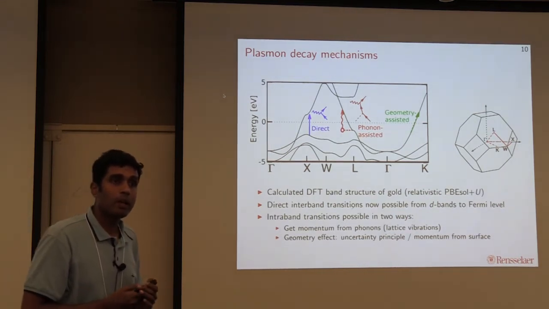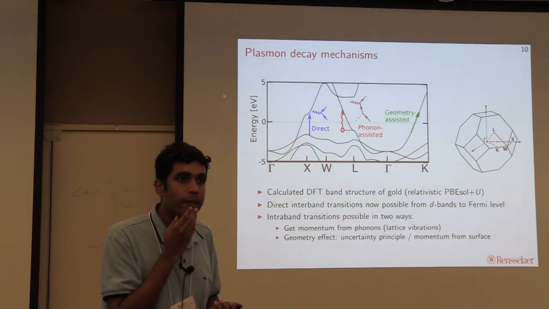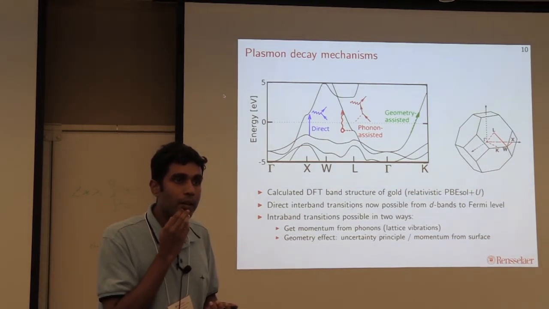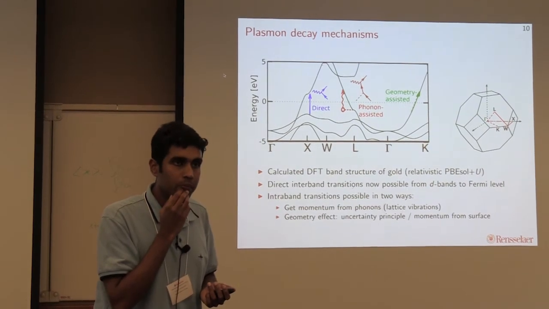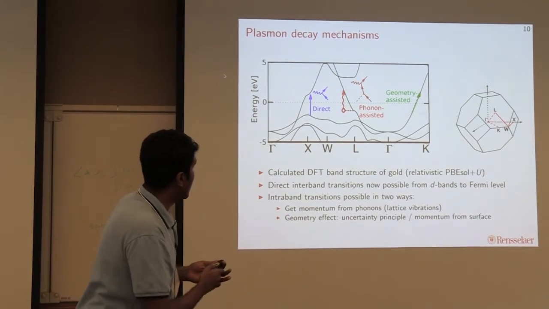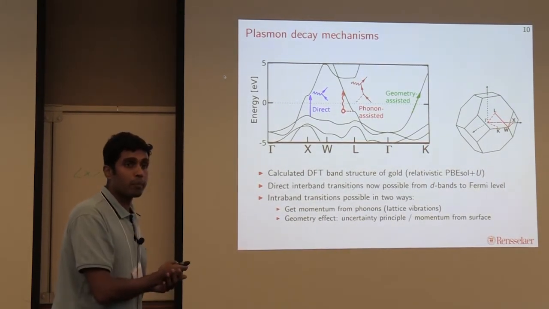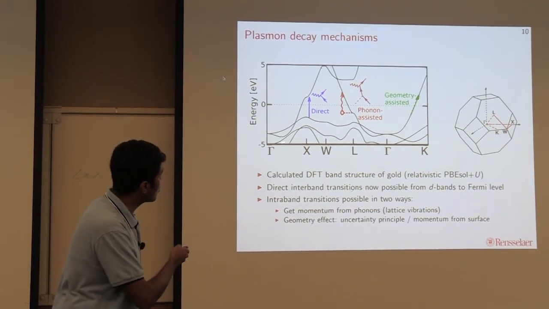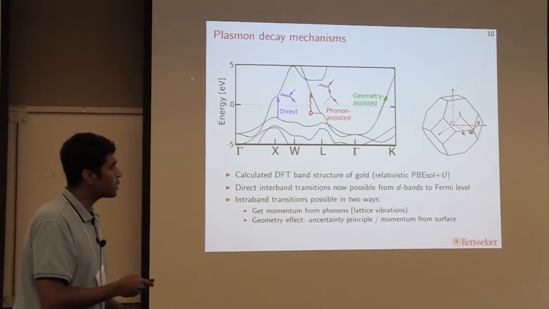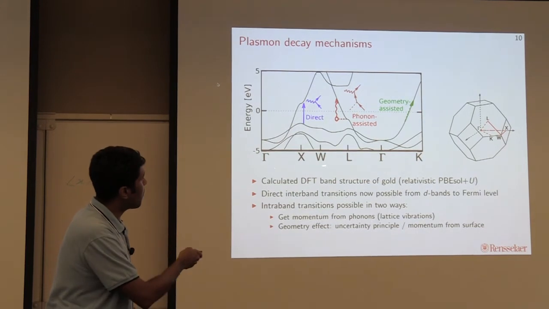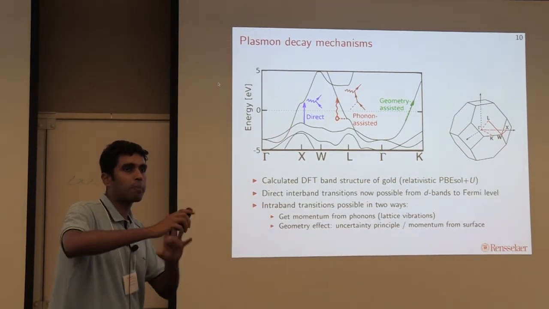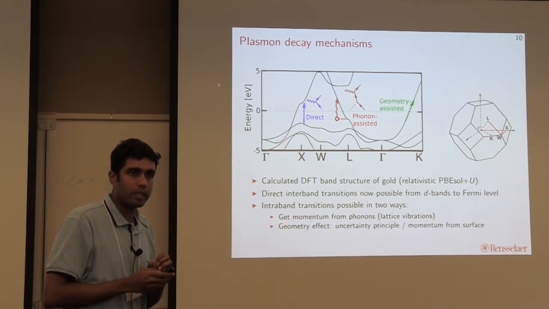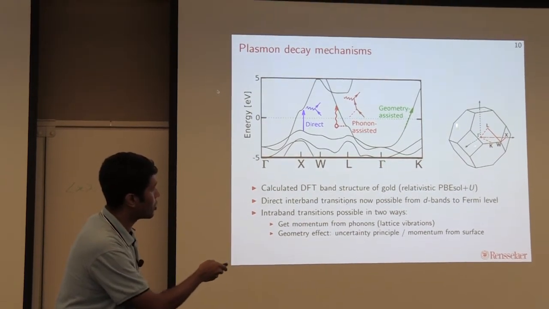Yes? How do you define the order of these points, from gamma to x to w to l and back to gamma and to k? So this order is essentially arbitrary. For a given material, you could choose any path you want. The more points you put here and the more segments you do here, the better, because you're capturing all the possible points in this Brillouin zone.